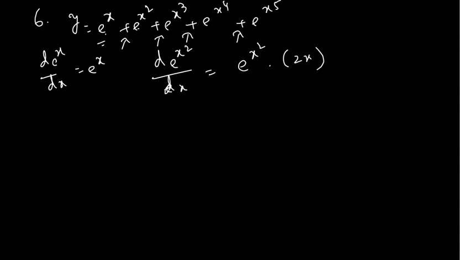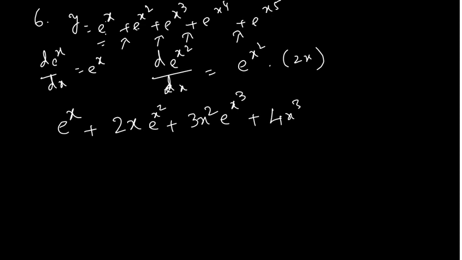So the answer will be e power x for the first one. For the second one, 2x e power x square. For the third one, 3x square e power x cube. For the fourth one, 4x cube e power x to the power of 4. And the last one, 5x to the power of 4 multiplied by e power x to the power of 5.